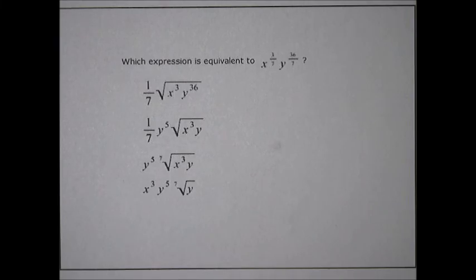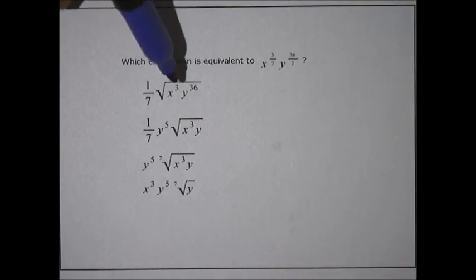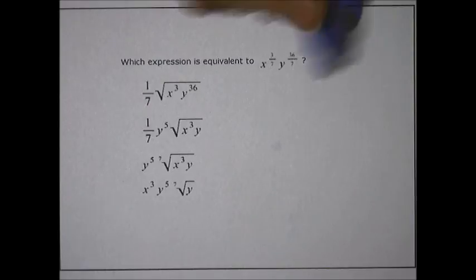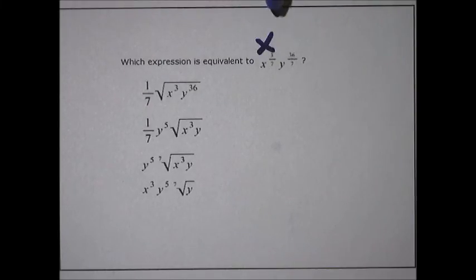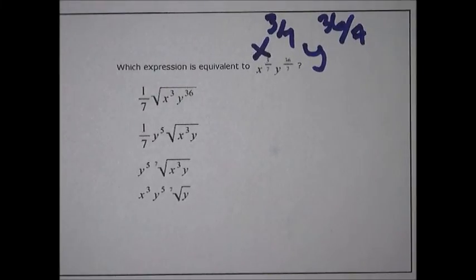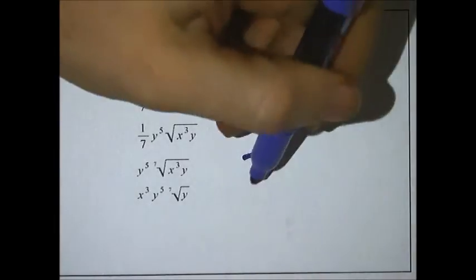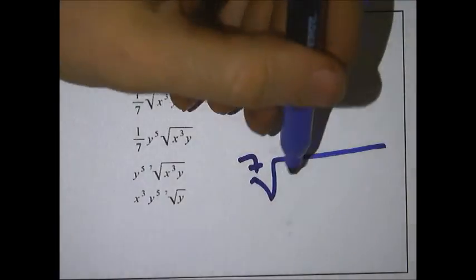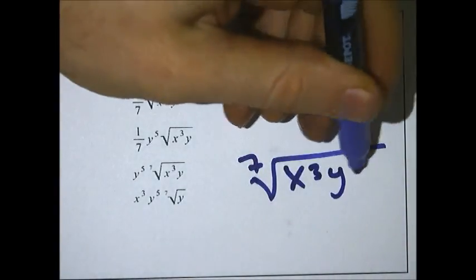Which expression is equivalent? This is written in exponential form, and we are going to radical form. So let me rewrite this so that you can see it. It's a little blurry. X to the 3/7, y to the 36/7. When you have a fraction, it's power over root, power over root. The root in both of these is the 7th root, so I know I want a 7th root of x to the 3rd, y to the 36th.